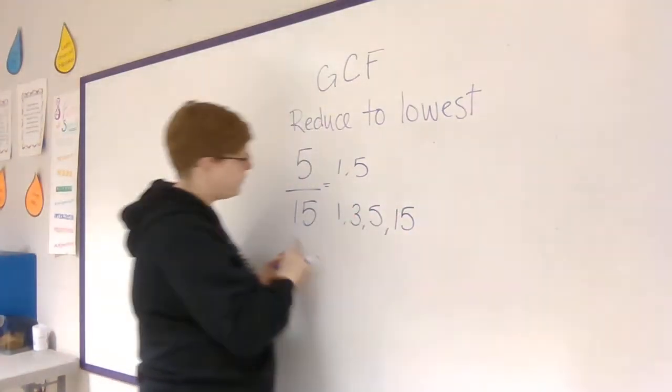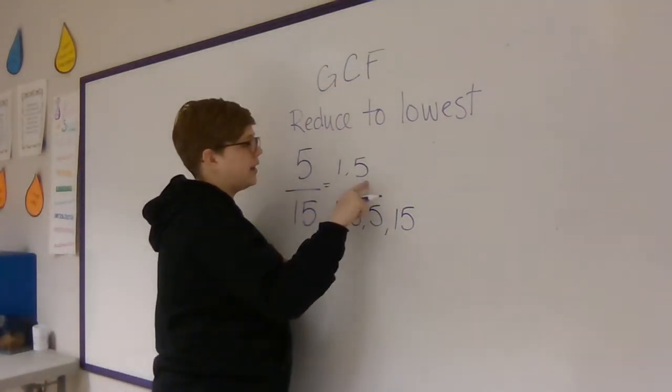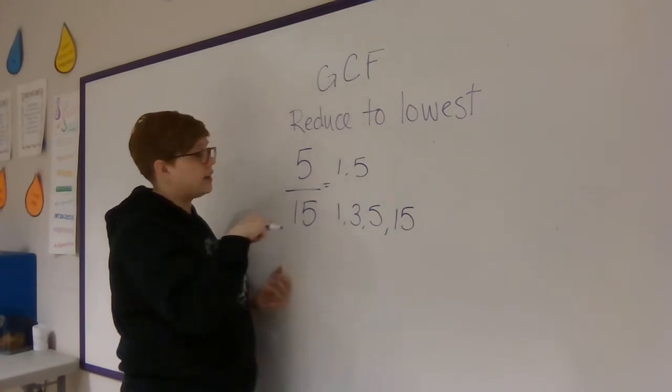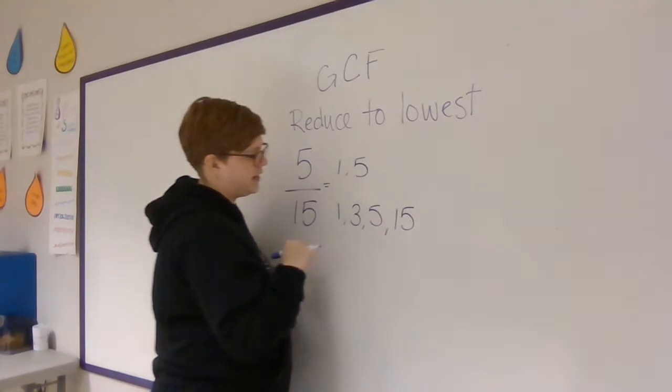I'm not going to go any higher than 15 because 15 is my number. So now I know that 5 has a 1 and a 5 that it can be divided by, and 15, 1, 3, 5, and 15.